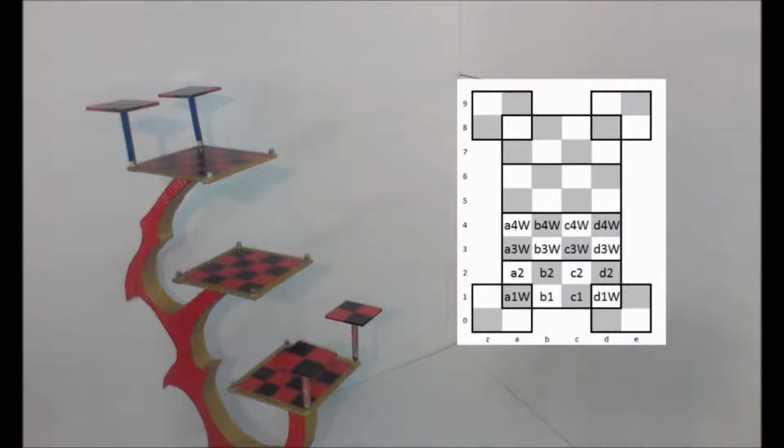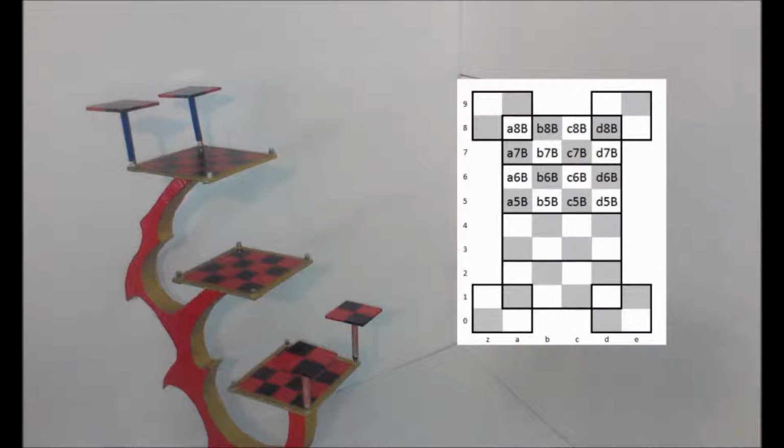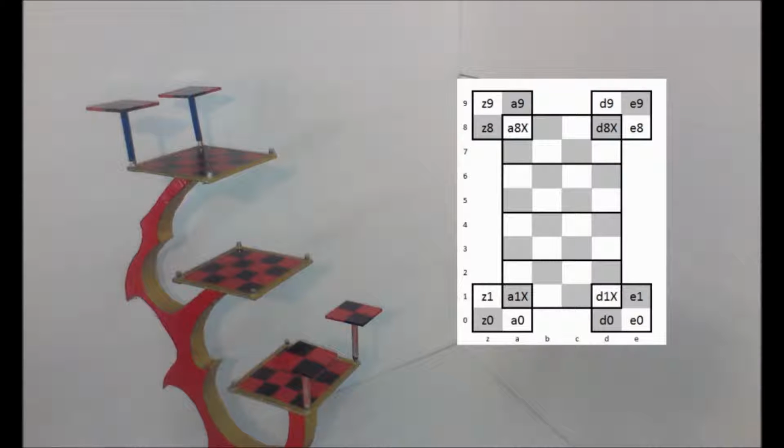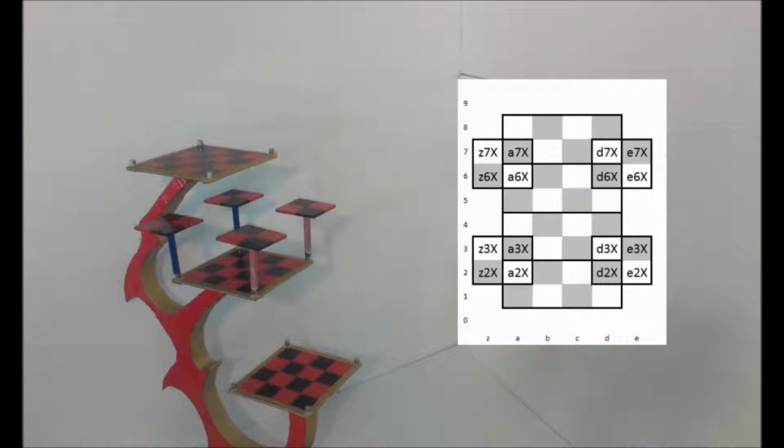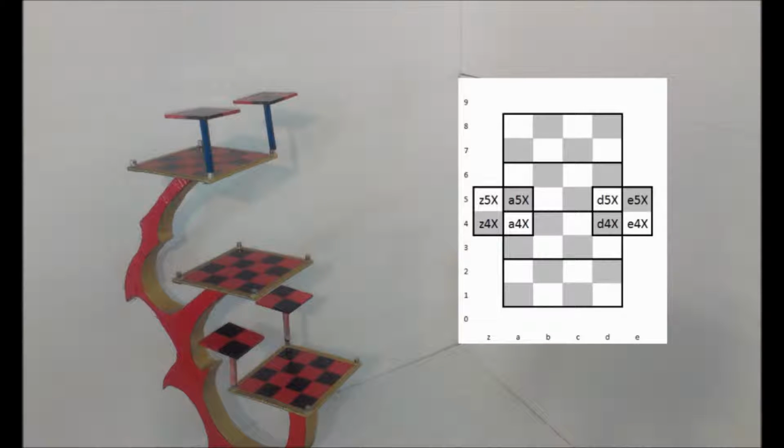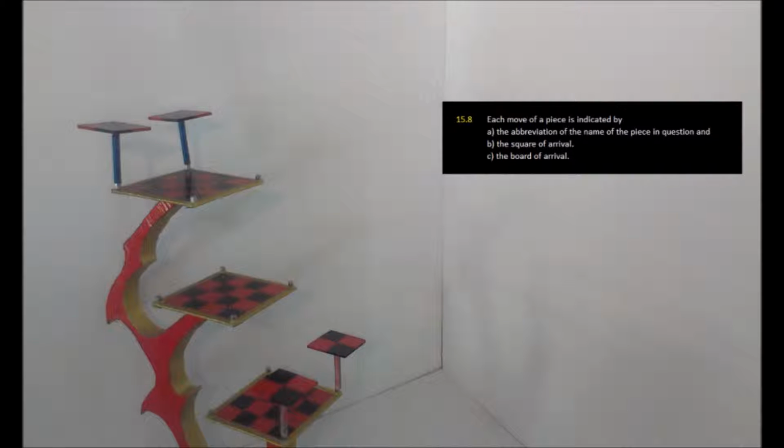15.7. As a consequence of the previous rules, each of the 64 squares is invariably indicated by a unique combination of a letter and a number. 15.8.